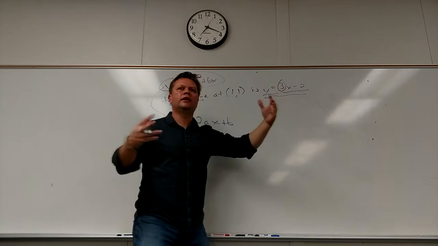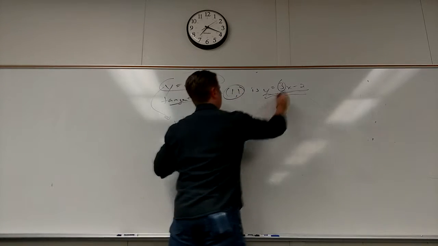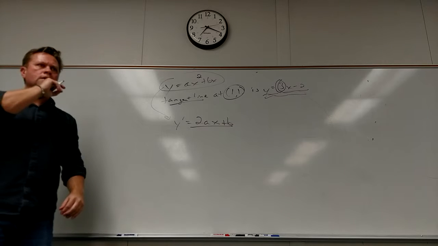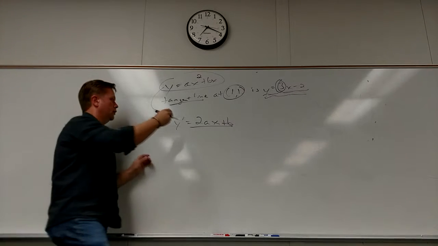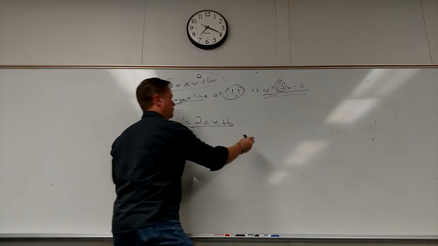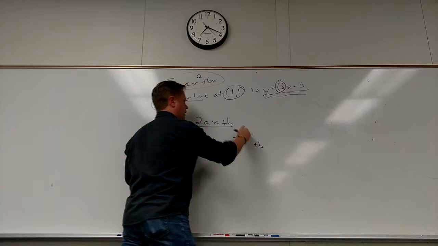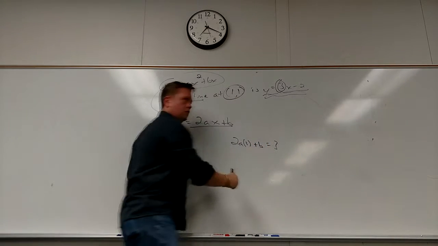So how do I put all that together? At 1, 1, the slope is supposed to be 3. So what equals what? What's x? Equals 3, right?